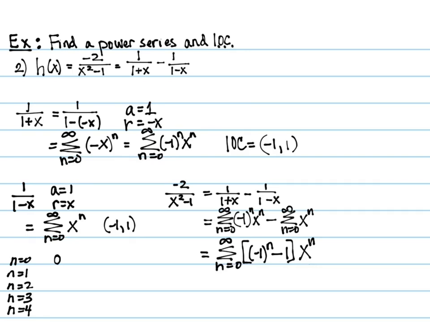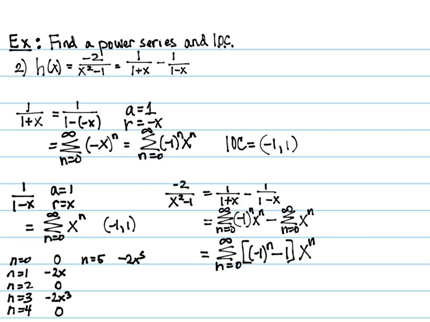Negative 2x. All the odds are 0, I mean, the evens. All the evens are 0. That's already good news, right? So we have negative 2x for n equal 1. What's n equal 3? What is n equal 5? Do you see a pattern? I told you it was going to come about pretty quickly.